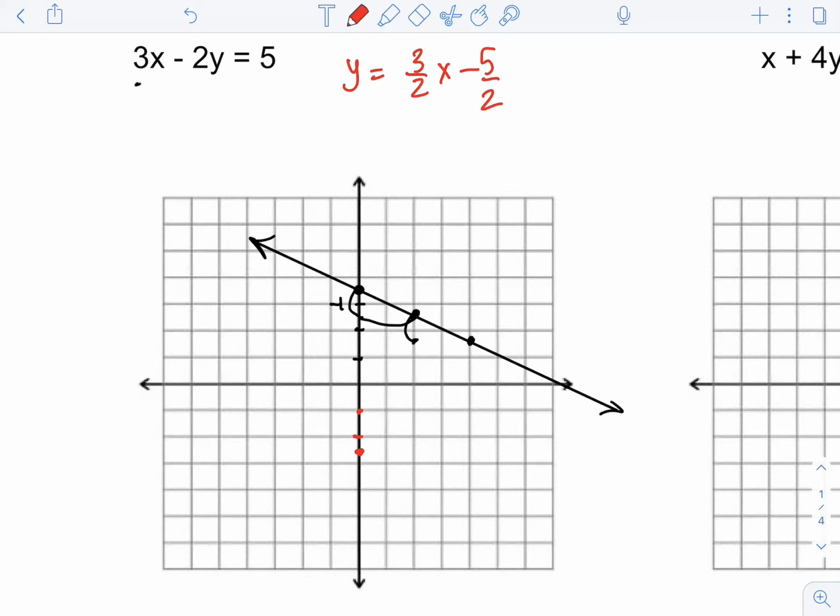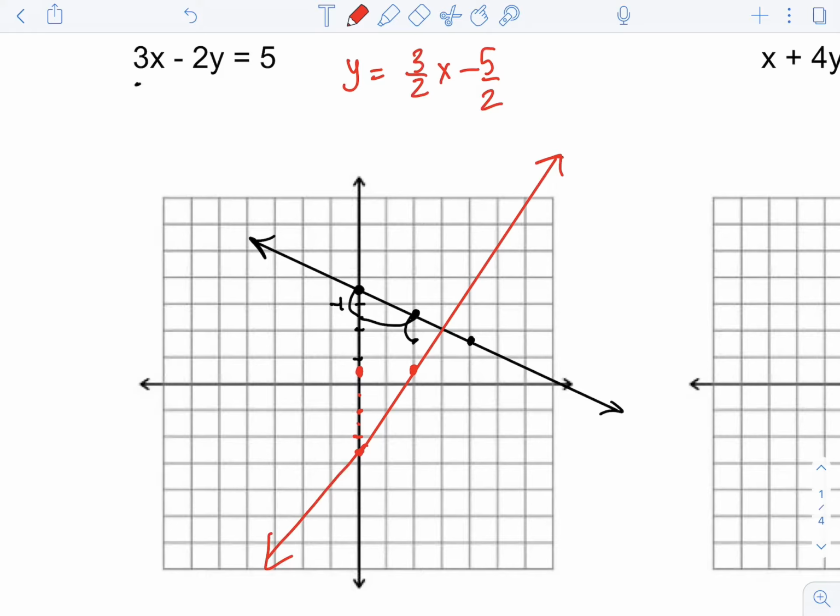So that would be 1, 2, 3. And then run by 2. So our equation will look something like this.